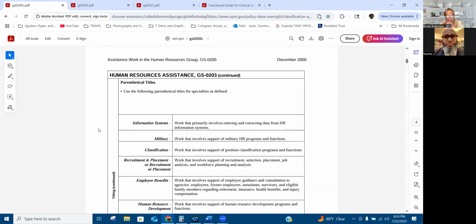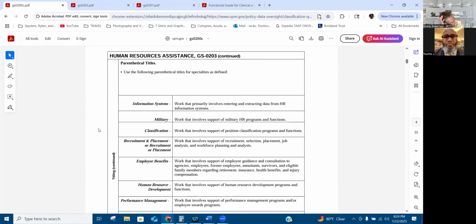There you go. And so the base title is Human Resources Assistant right there. And then whatever specialty they work in within the Human Resources Office is in those italic sections below. So the base title is at the top in that little block that says Human Resources Assistant, 203.